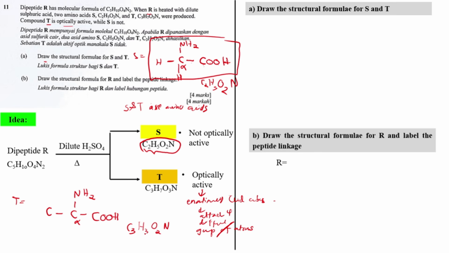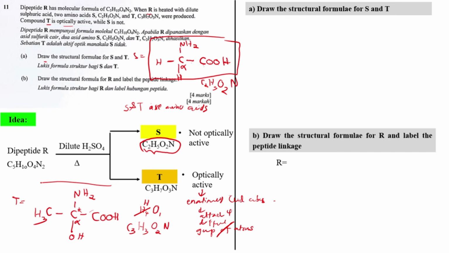So you need to use up another hydrogen and another oxygen. The most logical one is to put CH3 here. Because you have used up 3, you're left with OH, so you can put OH here. As you can see, this carbon here is a chiral carbon because it is attached to 4 different groups of atoms: COOH, amino group, OH group, and the methyl group. So this is one of the possibilities for T.